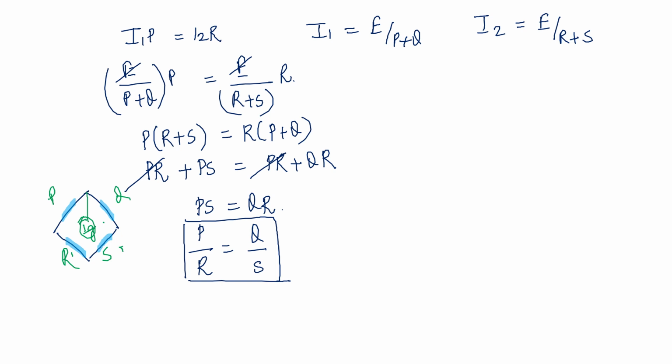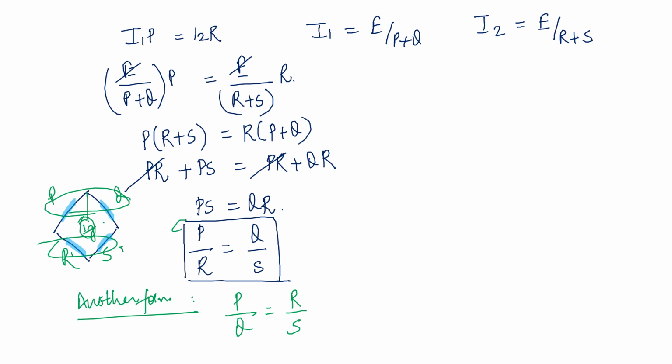If we say that our R is the unknown, just a minute, I can write this particular equation in another form that is more convenient, that is P upon Q equals R upon S, this one and this one.